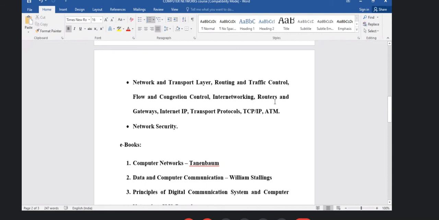So we can do that with the help of routers. One of the functions of the routers is that it will act as a mediator between local area network and wide area network.